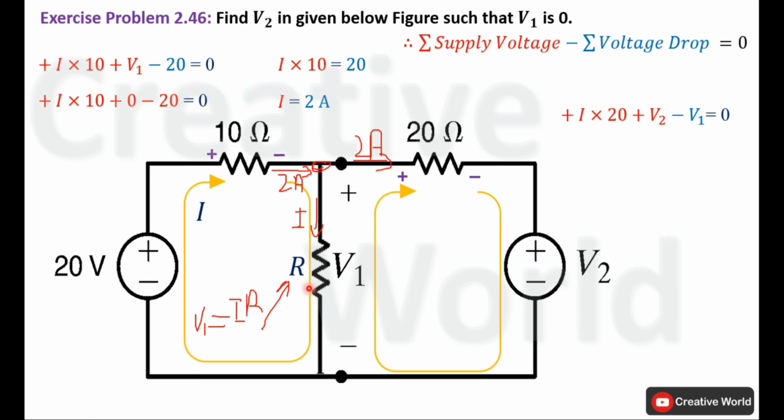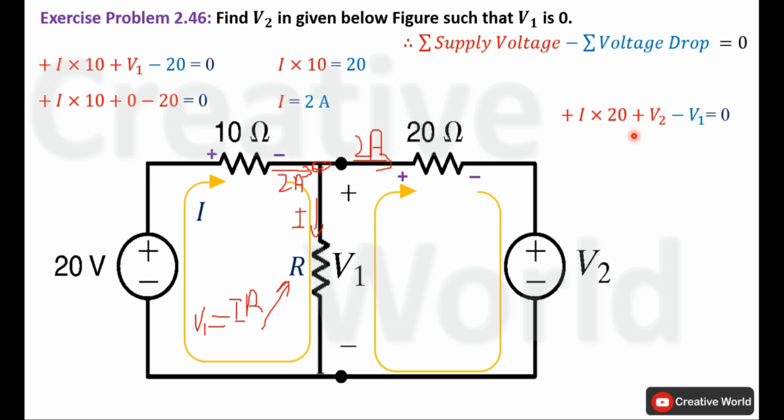Next element is the resistive element. Voltage across this resistive element is labeled as V1 and this V1 will be taken with minus sign because current entering terminal is negative. Remember, here we will not change the polarity of this V1 because it was given in the scenario. We will take it as it is.